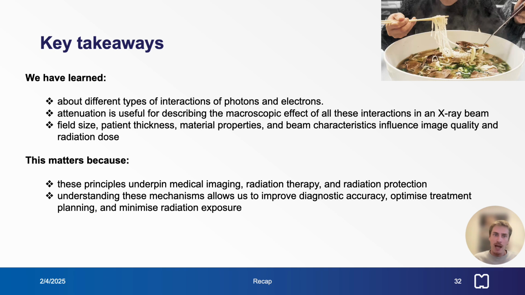And all of this matters because these principles underpin medical imaging, radiation therapy, and radiation protection. And understanding these mechanisms allows us to improve diagnostic accuracy, optimize treatment planning, and to minimize radiation exposure.